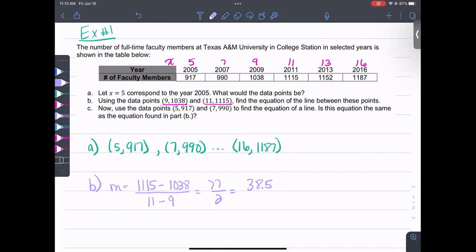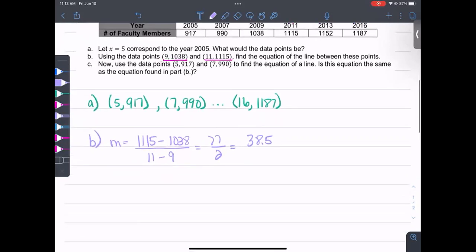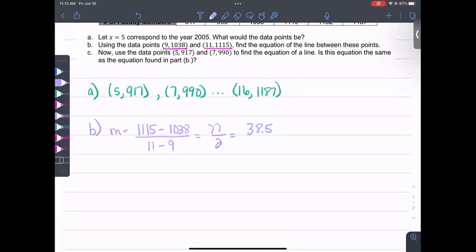At this point, we could choose either point to work with our slope and do the point slope form. I'm going to use the 2011 data point. So my equation would be y minus 1115 equals 38.5 times x minus 11.